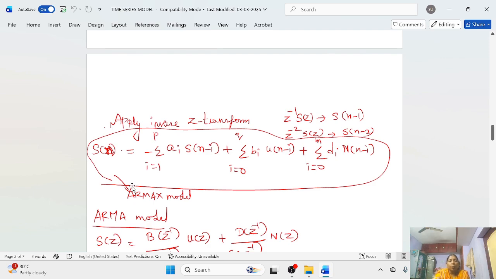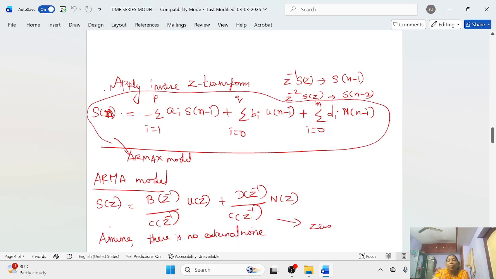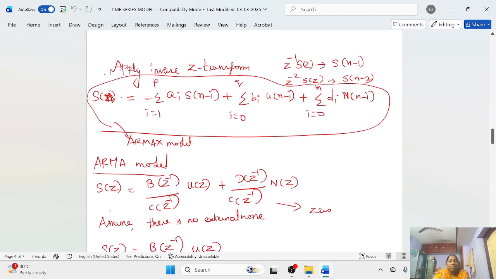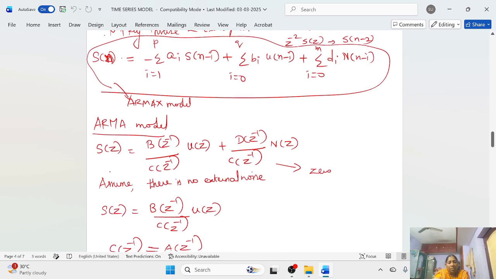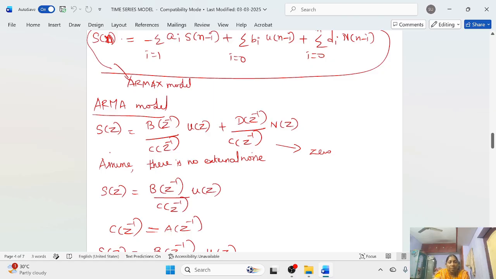Now let us move on to the next model, which is called the ARMA model. According to the ARMA model, again we have taken the observation signal in which the first part is the signal part and the second part is the noise model. Here the assumption is there is no external noise. That means the second part of the equation becomes totally zero. We are eliminating the noise itself since there is no external noise.